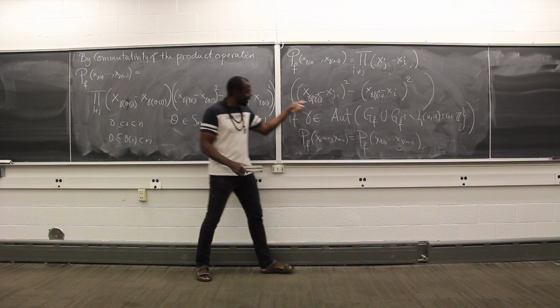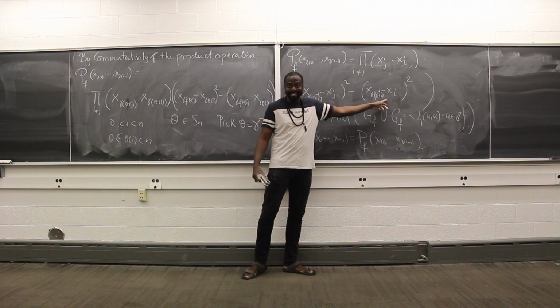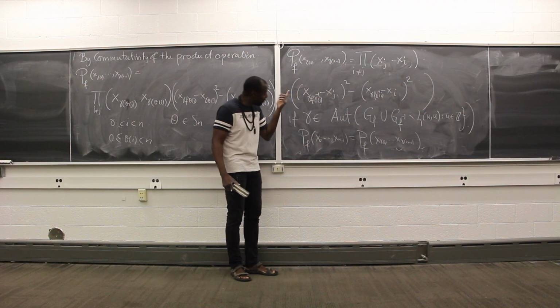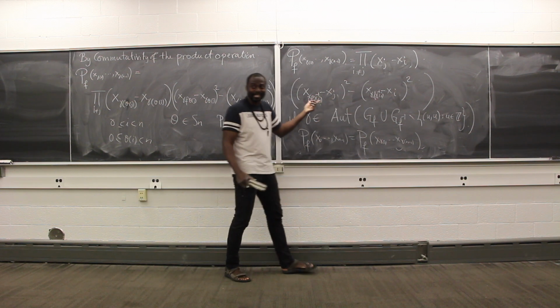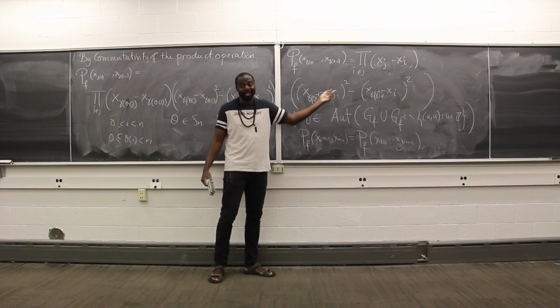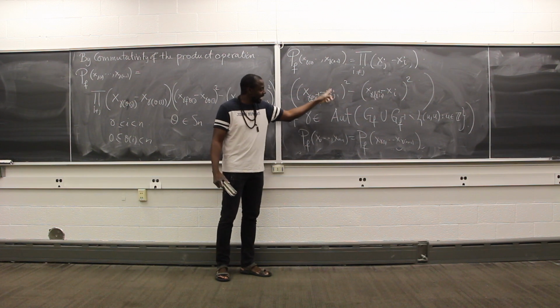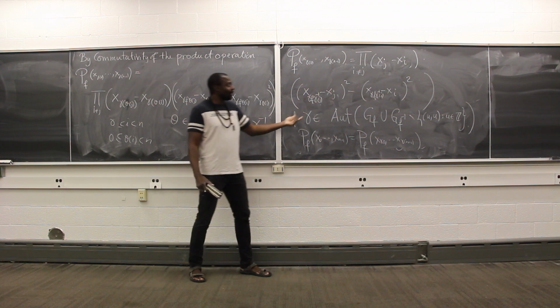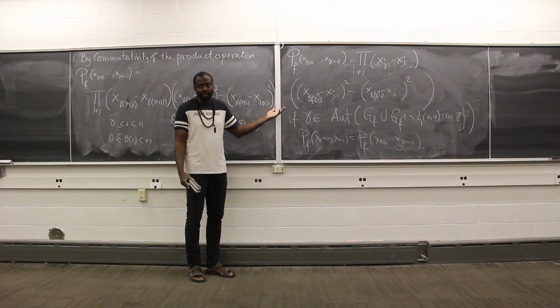So one of these differences is going to change. You can read the edges from this polynomial. This polynomial is a fancy description of the edges of your graph. And if one of the edges appears that was not in your graph before, then the polynomial has changed.